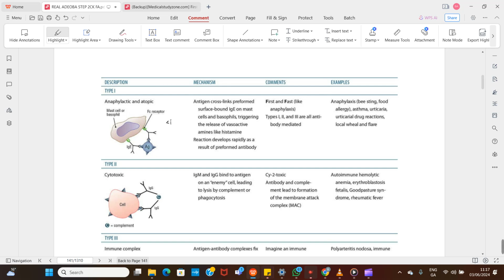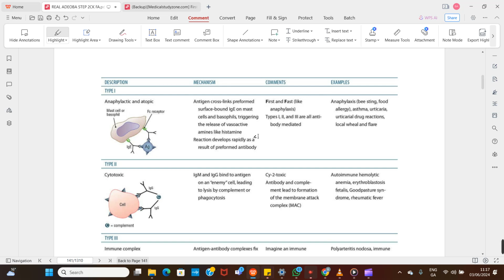And the second exposure brings about the elicitation phase. So when the antigen comes again, the antigen is going to cross-link the IgE receptors, like the IgE like this, and when it binds to them and cross-links them, that triggers degranulation of the mast cells or the basophils. And when the basophils and the mast cells are degranulating, they release some vasoactive amines, including histamine, prostaglandins, leukotrienes and tryptase.